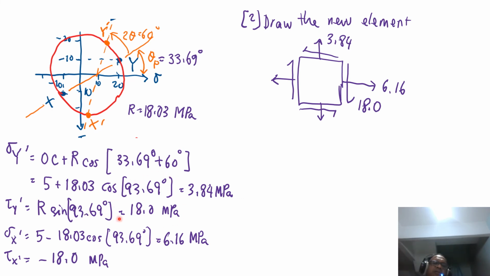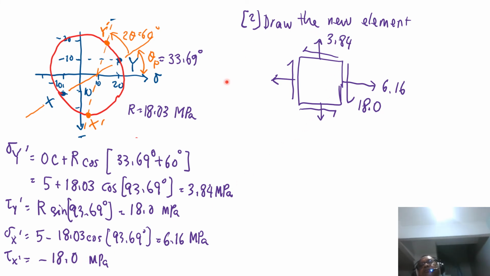It is equivalent to 18 megapascal. And look at x. You want to find the new coordinate for x dash. Sigma x dash equals 5 minus 18.03 cos 93.69 equals 6.16 megapascal. And tau x dash equals minus 18.0 megapascal.